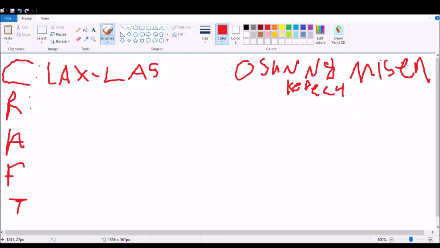So the Ocean 8 departure Meissen, and then the KEPEC 4 arrival into Vegas. So we'd call clearance delivery, and they'd say, Southwest 16, cleared to the Las Vegas McCarran International Airport via the Ocean 8 departure Meissen transition, and then as filed.